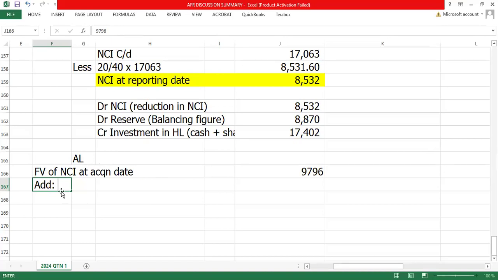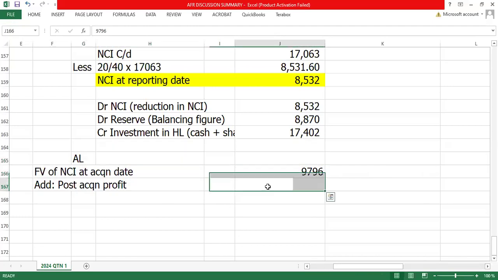Okay, add what was the post-acquisition profit? It was 27,370. Remember, the stake is 20%. So 20% times the post-acquisition profit.